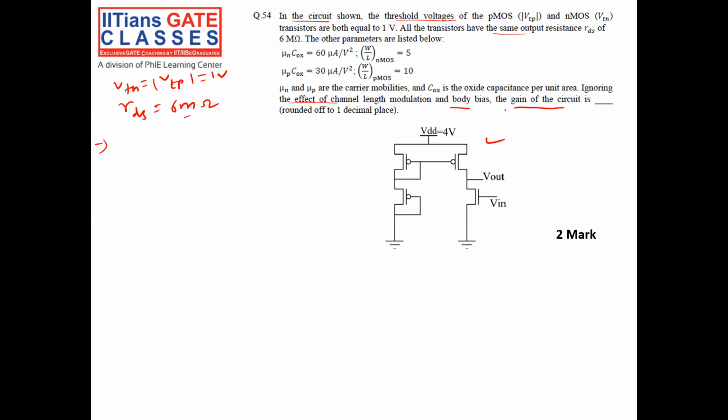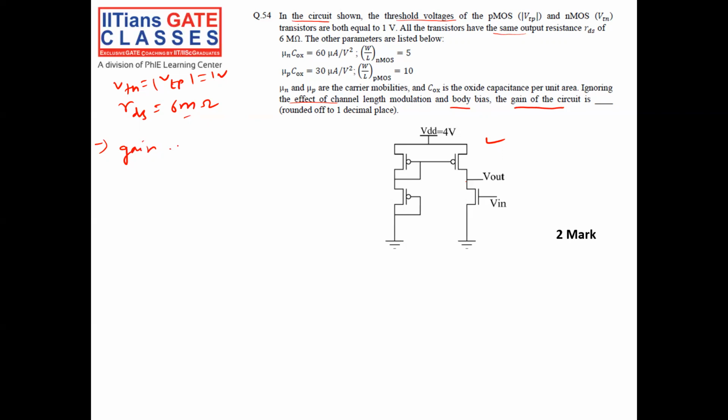The thing is, I have to find the gain of the circuit. The resistance looking up is RDS P, and the resistance looking down is RDS N. What is the gain of the circuit?